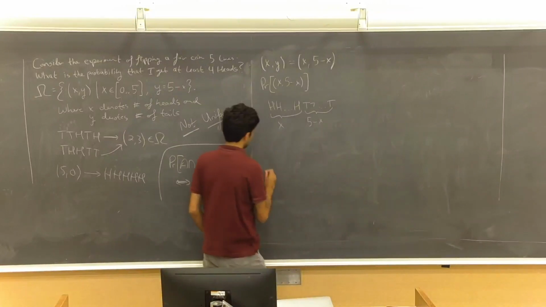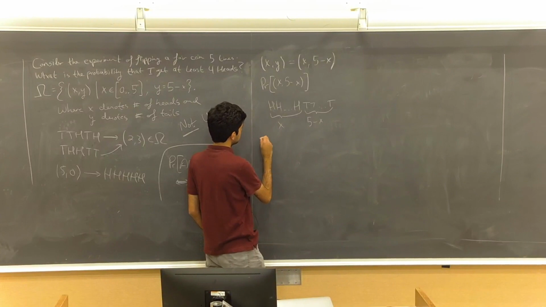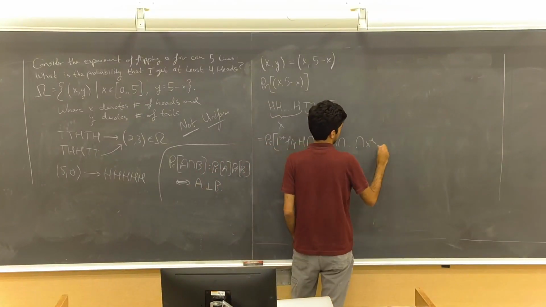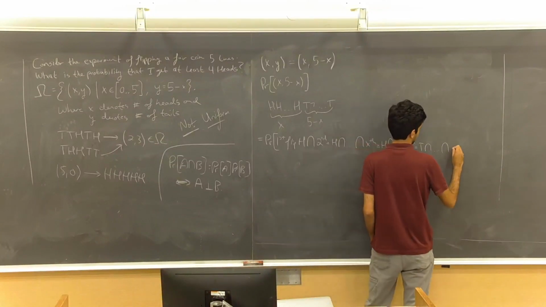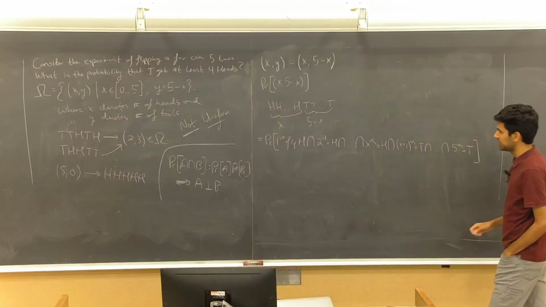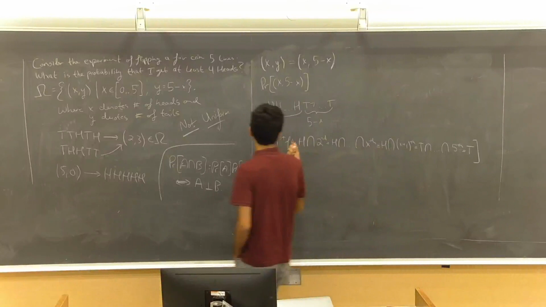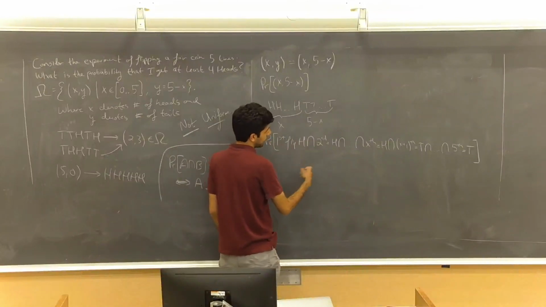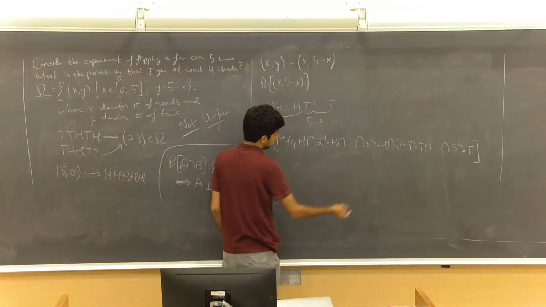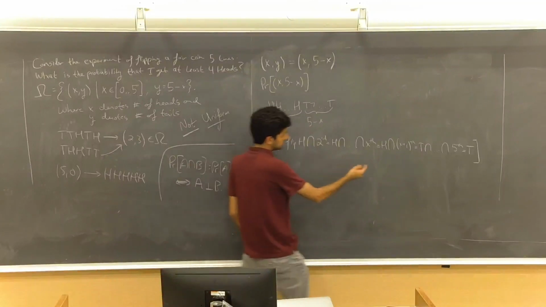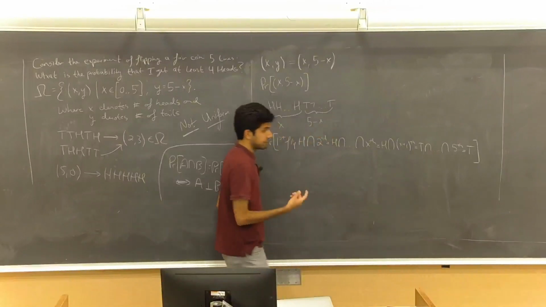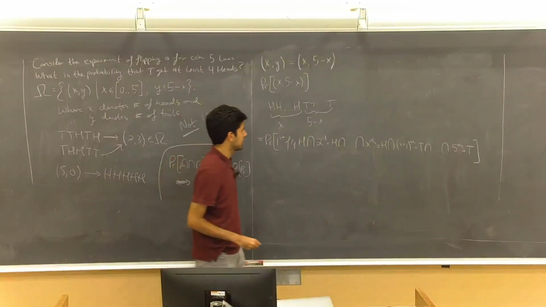Well, this is going to be equal to basically this huge intersection right here: my first flip is heads, my second flip is heads, all of these must occur up to my xth flip being heads, and then the flips right after that, after the first x flips, will be tails, all the way up to, in this case, the 5th flip being tails.